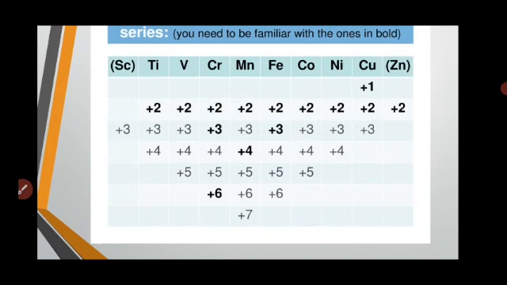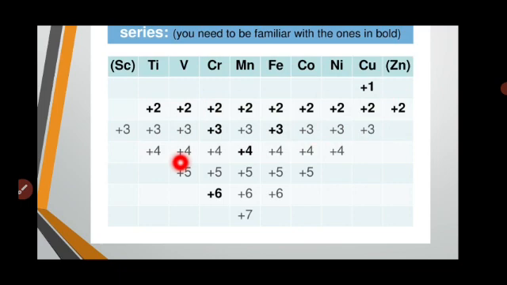Then if you go from titanium to copper, they are showing various oxidation states, and if you see here the trend changes, like this is showing 3, this is showing 4. The number of oxidation states shown by the element is maximum at the middle of the period, whereas it goes on decreasing at the end of the period, from scandium to zinc.